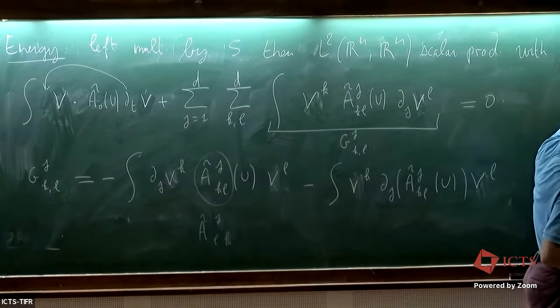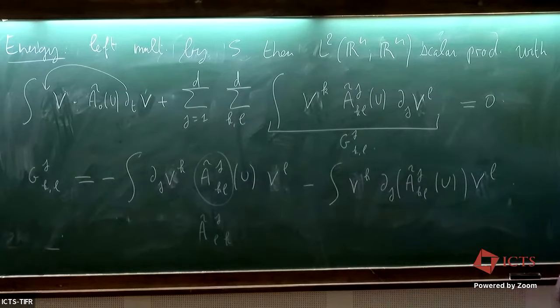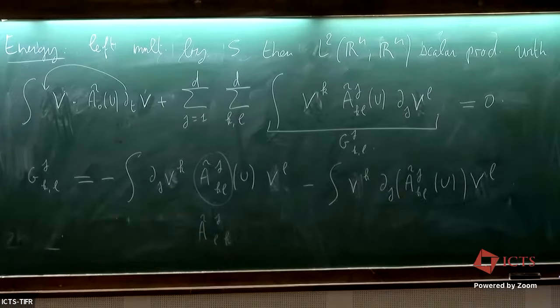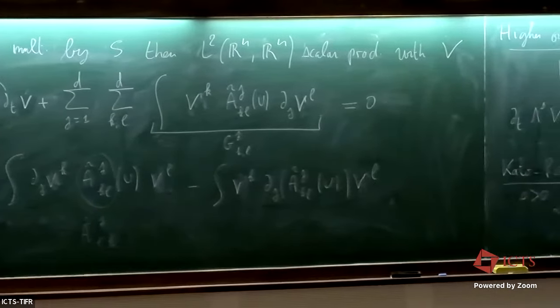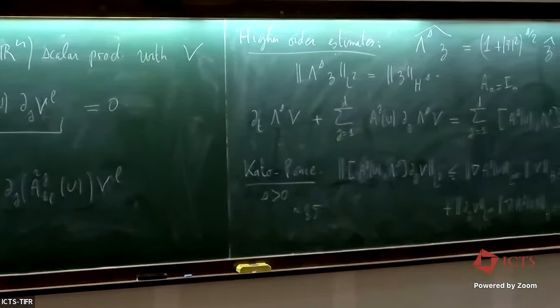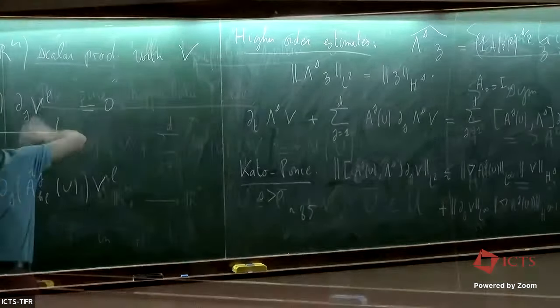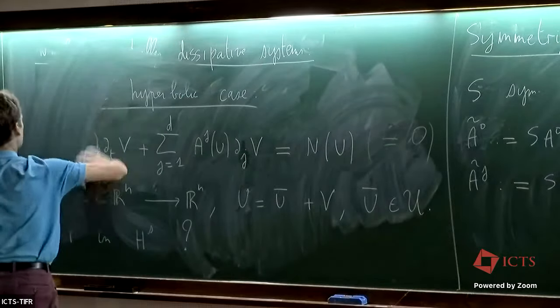Then this method is slightly more modern because it's based on this Kato-Ponce estimate that has been proved around 85, I would say. And there is still a more modern way of doing it that I want to present because it's the one that we use for dissipative systems, which is based on Littlewood-Paley decomposition.